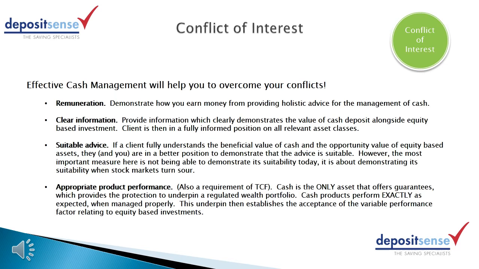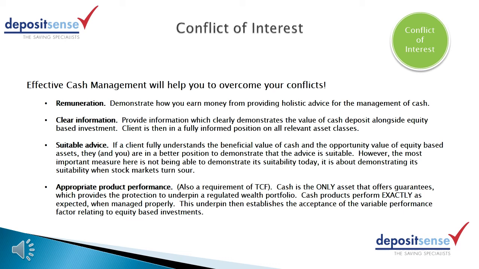Okay, to summarise what we've covered in the previous slides, let's have a look here at how an effective cash management proposition helps you to overcome your conflicts of interest. Starting with remuneration, if you can demonstrate that you are earning money and generating revenue from the provision of holistic advice for the management of cash, then you can demonstrate that you are no longer required to sell a regulated product to generate income, and therefore you are mitigating that conflict of interest.